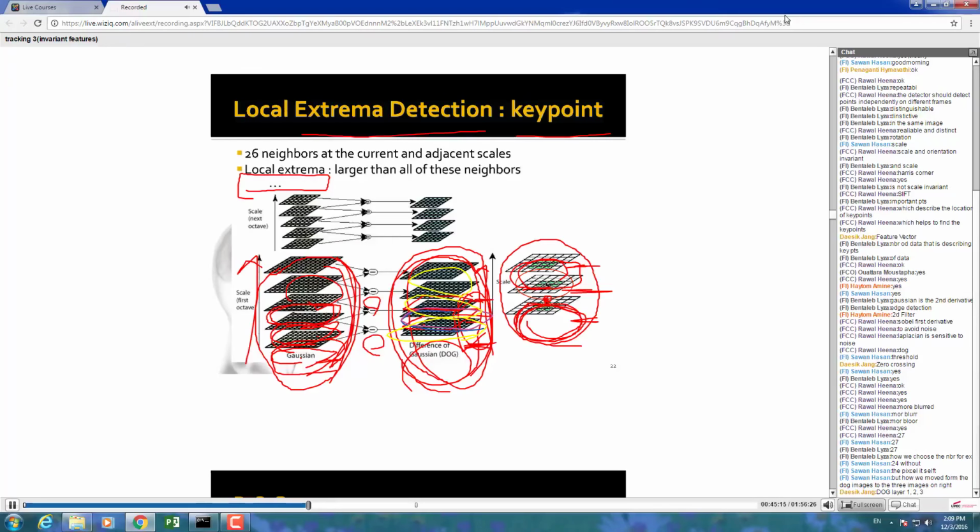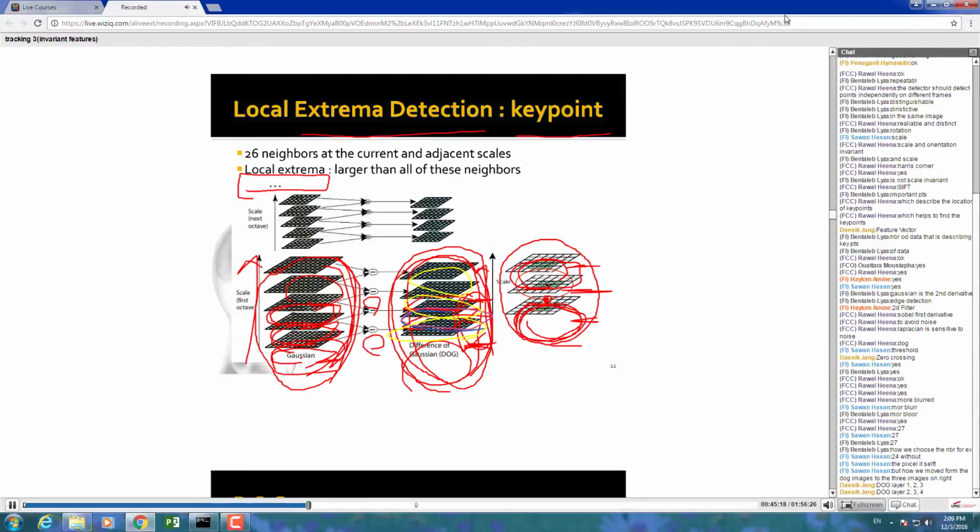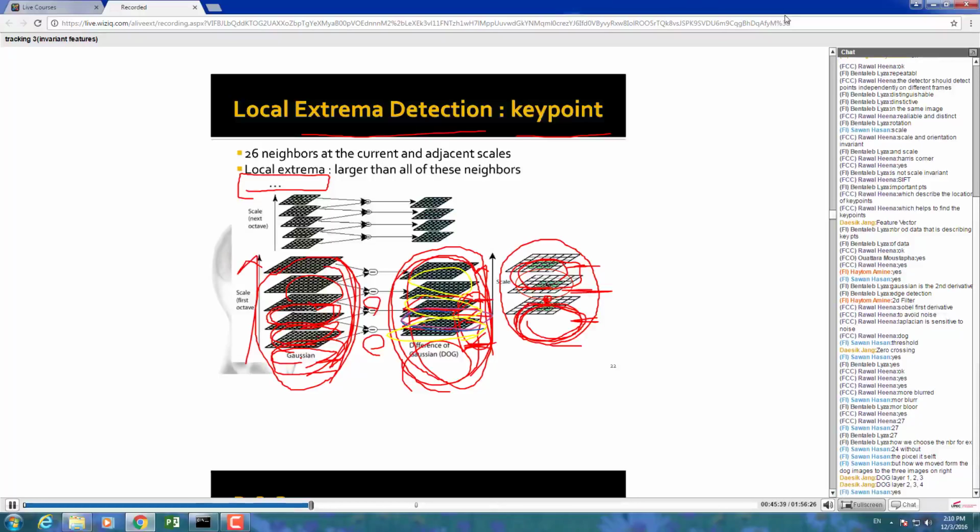Once it's done, we go up, and we use layers 2 and 3 and 4. So with 4 DOG layers, we can consider 2 different levels of local extrema. Is that clear now?